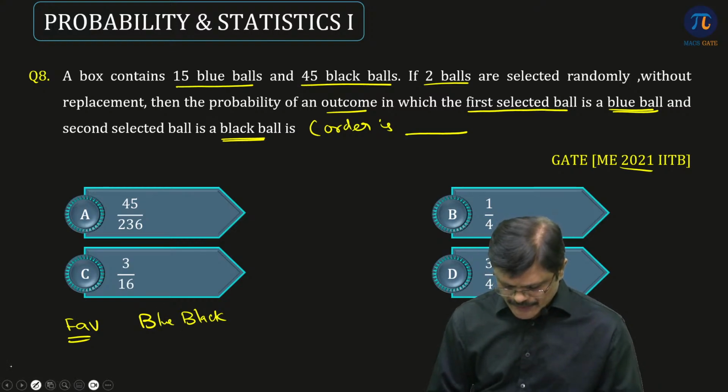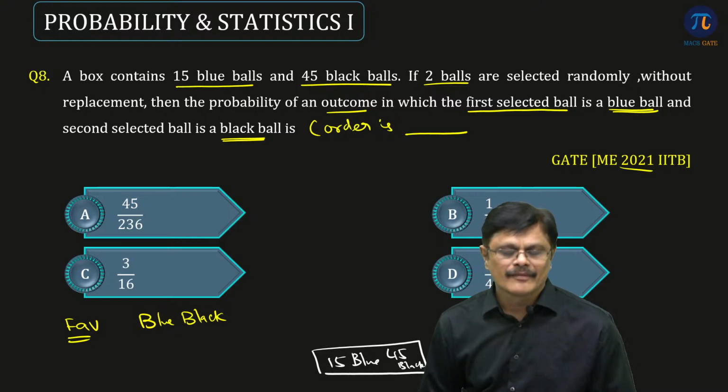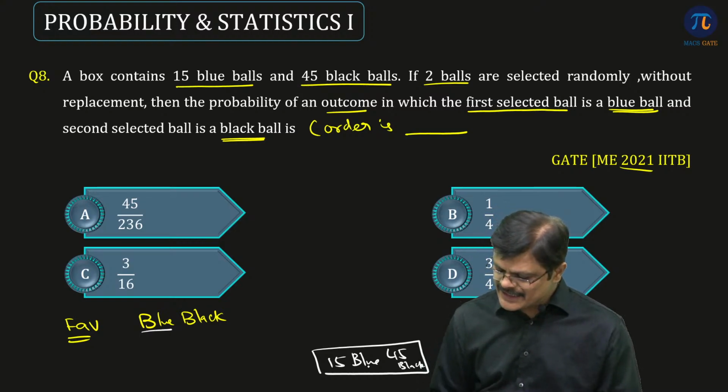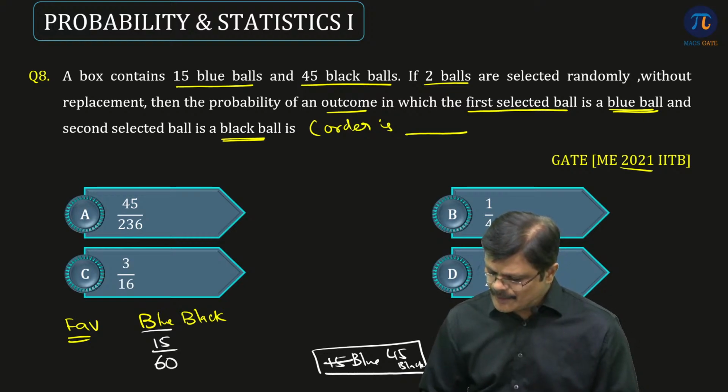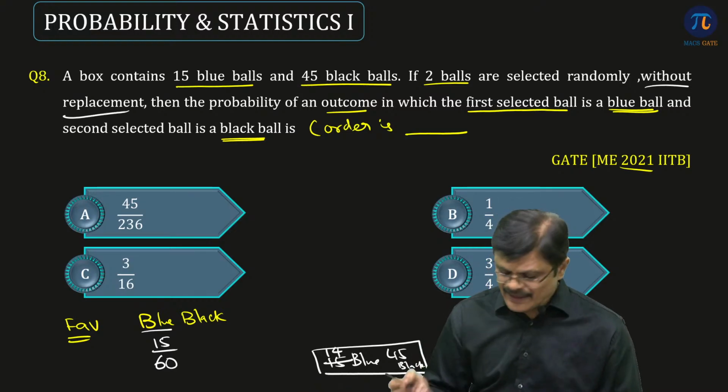So here what we are having, sir? We are having 15 blue and 45 black. So first blue ball can be selected in how many ways, sir? 15 out of 60. One blue is gone. Am I clear? Because it is without replacement. Then what happens?